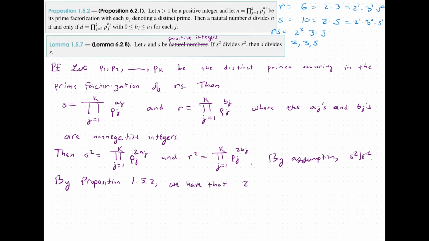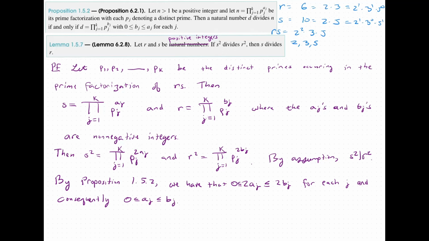And consequently 0 is less than or equal to a sub j, which is less than or equal to b sub j.